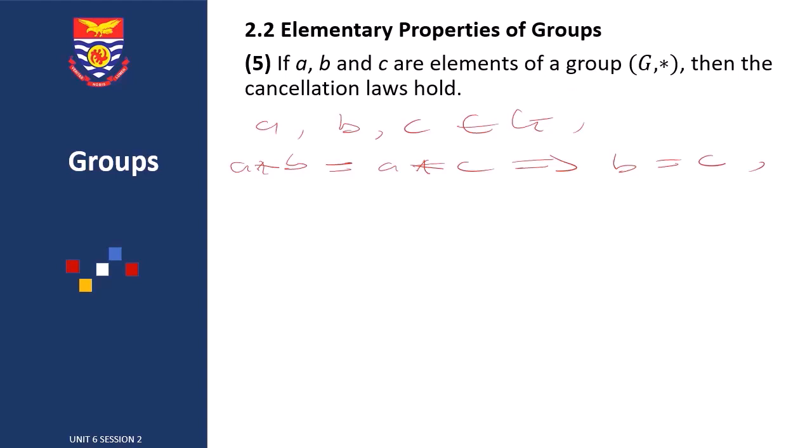You can see it on the left side, so left cancellation law. As for the proof, I don't know whether I should leave it to you as an assignment. Okay, let me help you out.